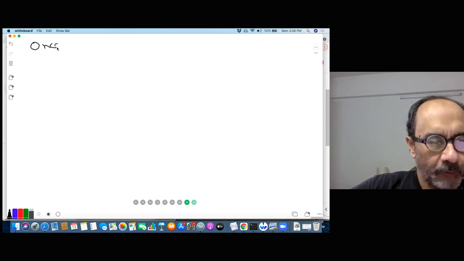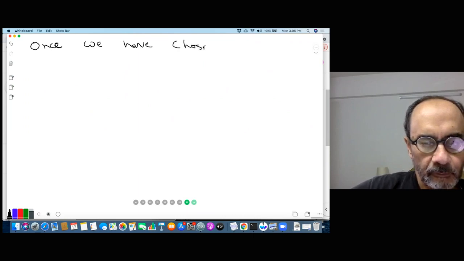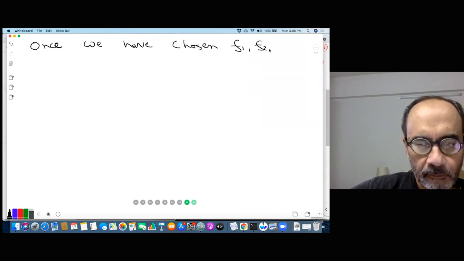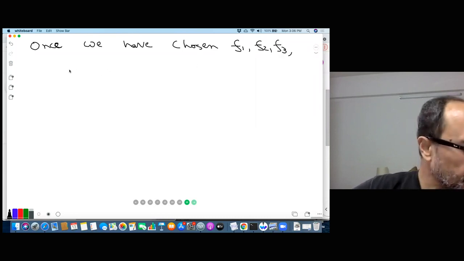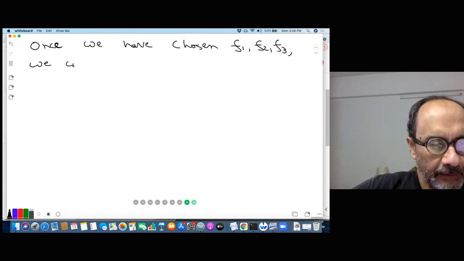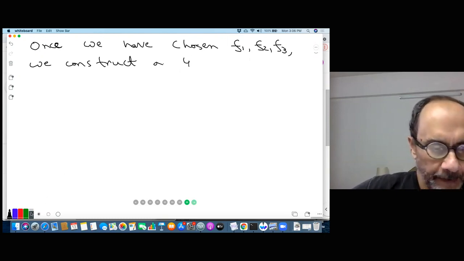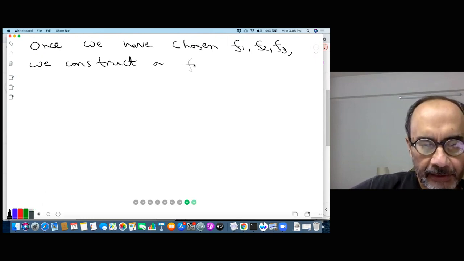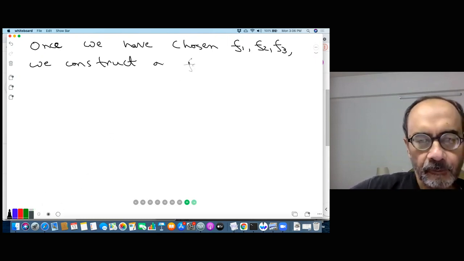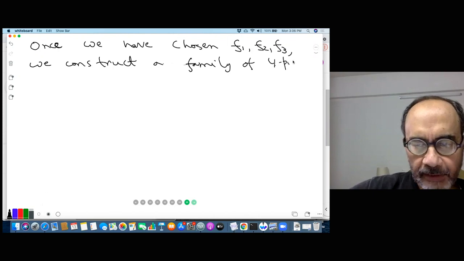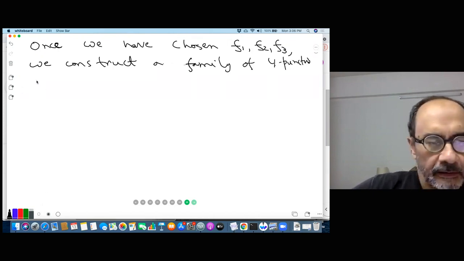So once you have chosen f1, f2, f3, we construct a 4-point function, a family of four-punctured spheres, by plumbing fixture.